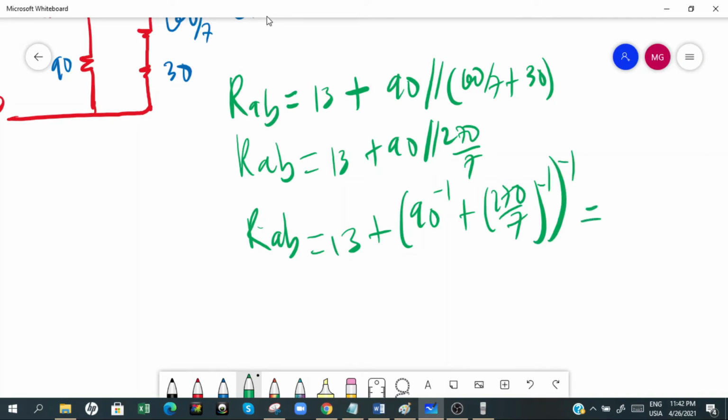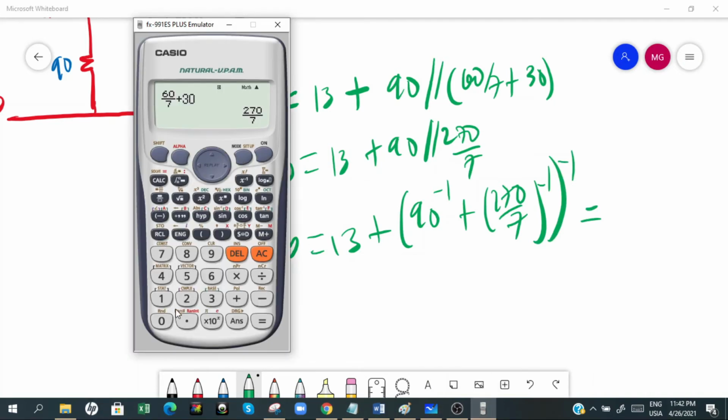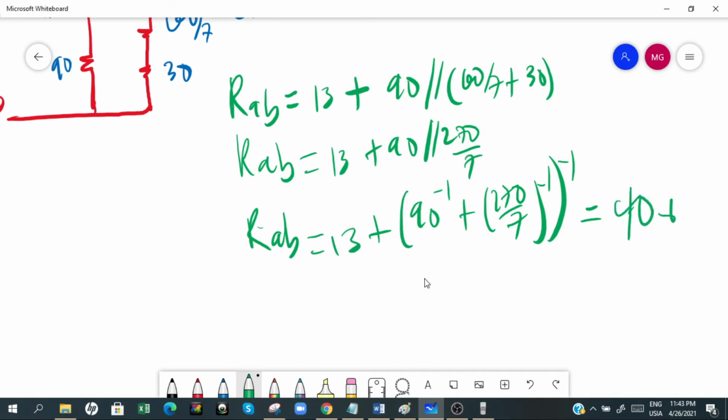Let's see what the answer is: 13 plus, with a parenthesis, 90 inverse plus 270 over 7, inverse, then inverse everything. This should give us 40 ohms. So the answer is 40 ohms.